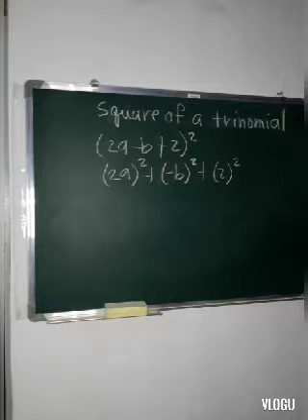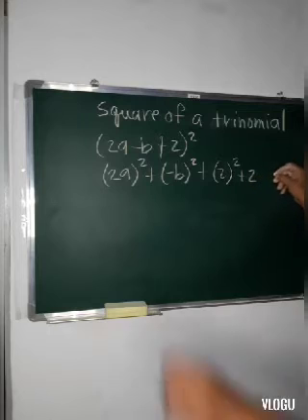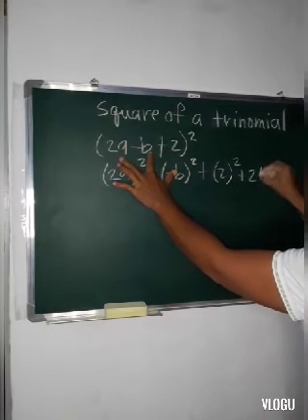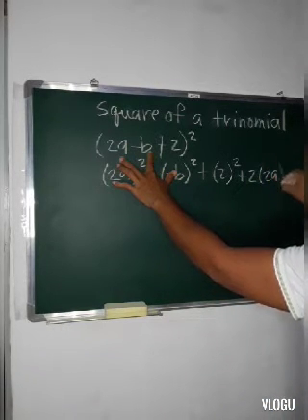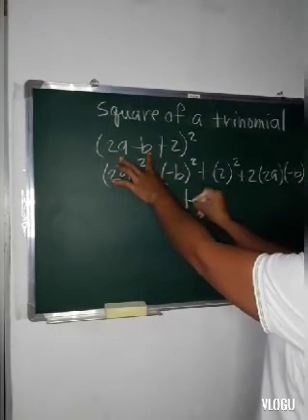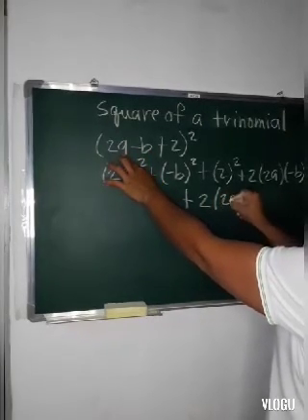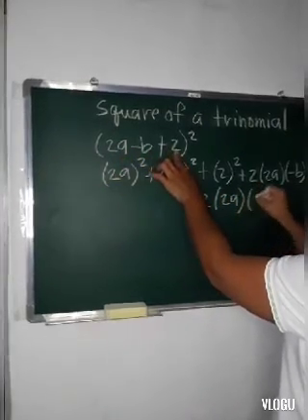And then next, we take twice the product of the possible combinations. So plus 2 times this one first, 2a times negative b, plus twice the product of 2a and 2.